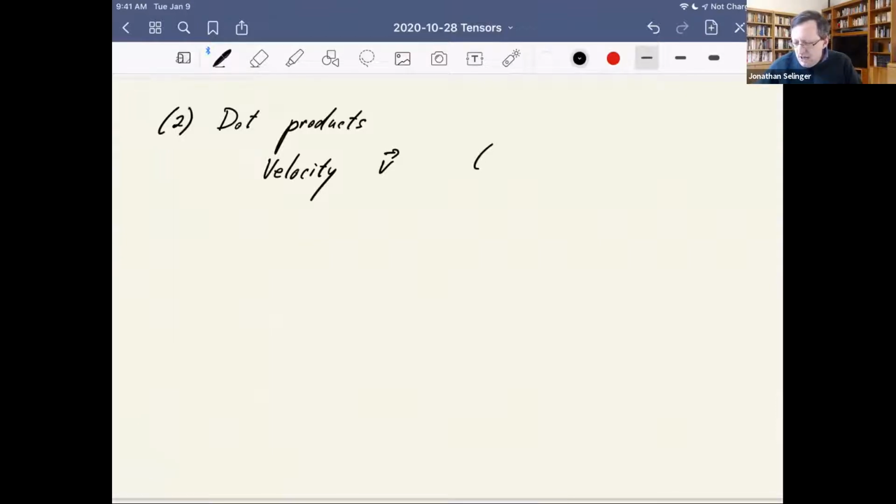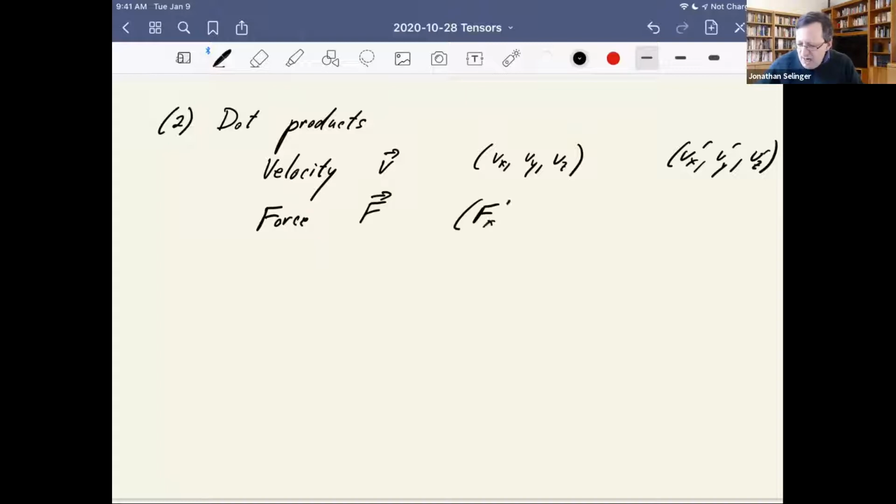So that is Vx, Vy, Vz versus Vx prime, Vy prime, Vz prime. And they'll measure a force, right? Some other set of numbers, Fx, Fy, Fz versus Fx prime, Fy prime, Fz prime.